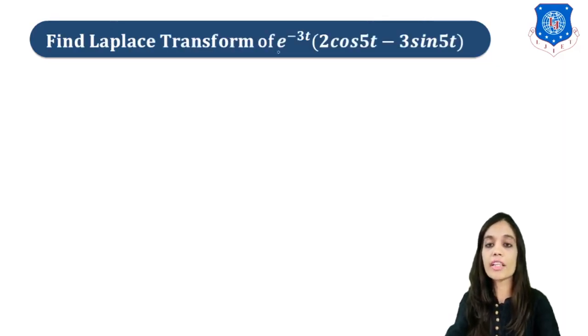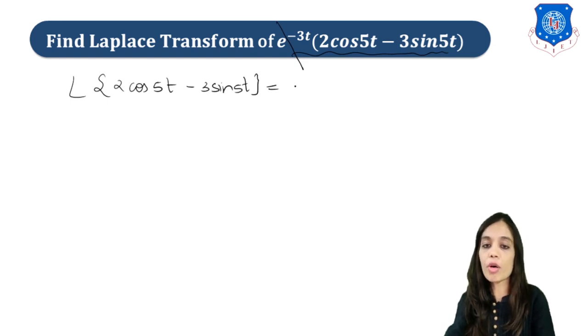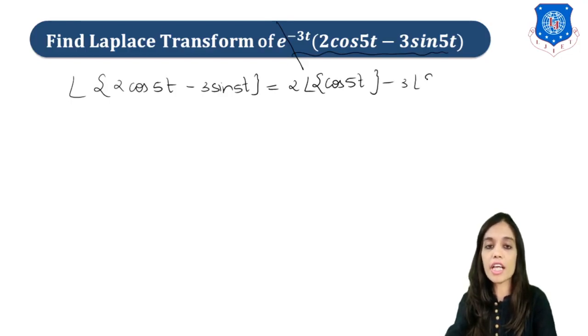So here we have to find the Laplace transform of this f of t, right? So firstly, again ignoring this e, we will find Laplace of 2 cos 5t minus 3 sin 5t. Apply the linearity property, so we can write it as 2 times Laplace of cos 5t minus 3 times Laplace of sin 5t.